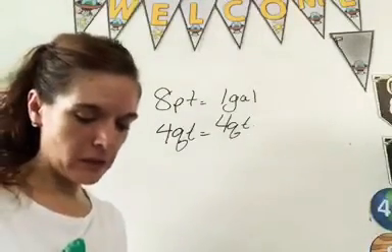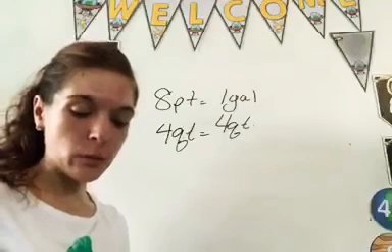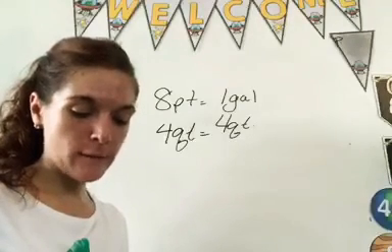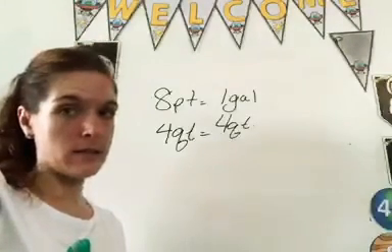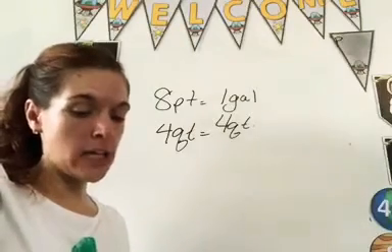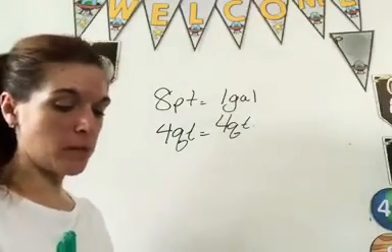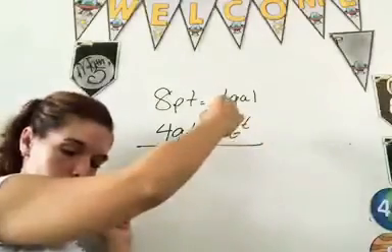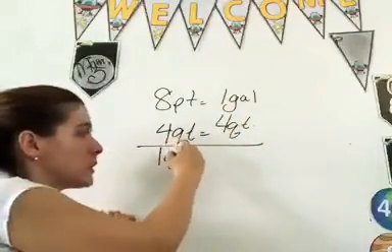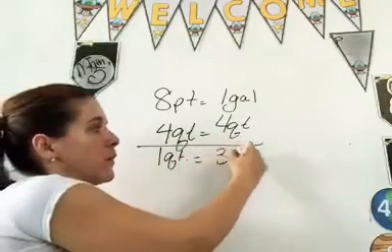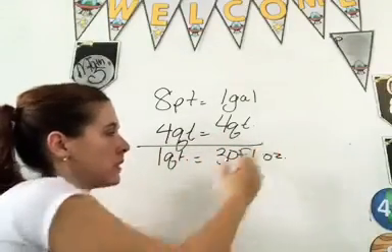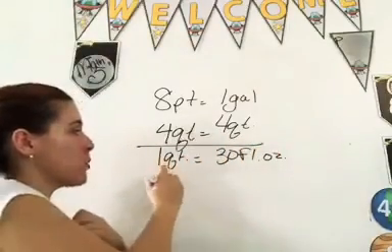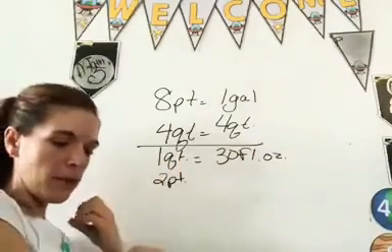Letter A. And letter F, 1 quart equals 30,000 fluid ounces. Well, I'm going to show you right here. 1 quart is equal to 2 pints, right?